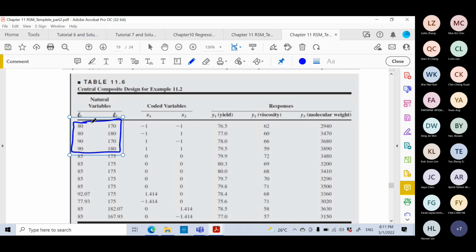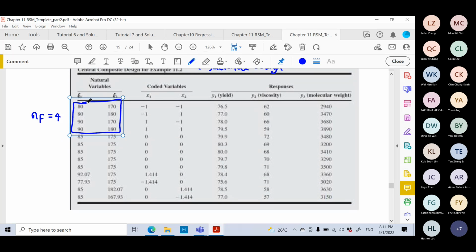The number of factorial points is equal to 4, because in this case we are studying a 2 power of 2 factorial design. For the factorial points, the natural values are 80 to 90, so 85 is the middle, and 170 to 180, so the middle is 175.